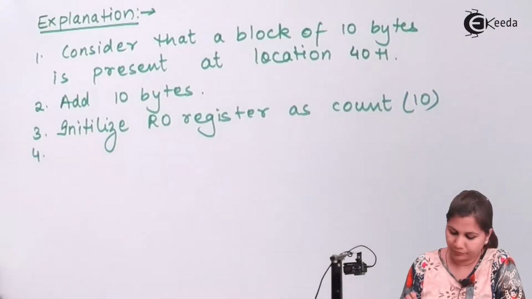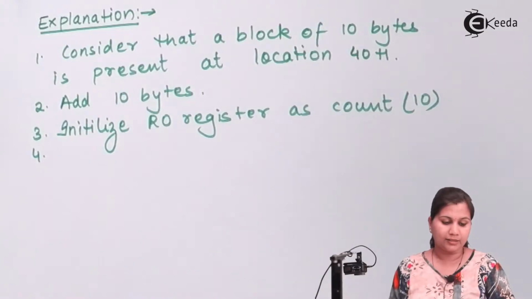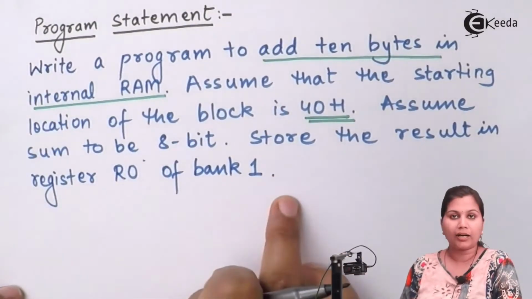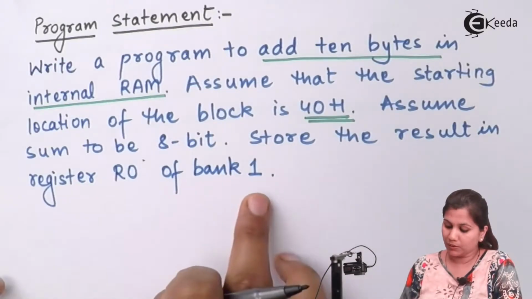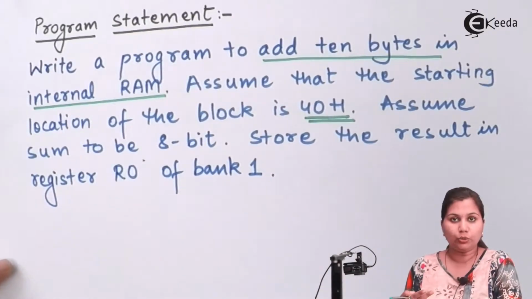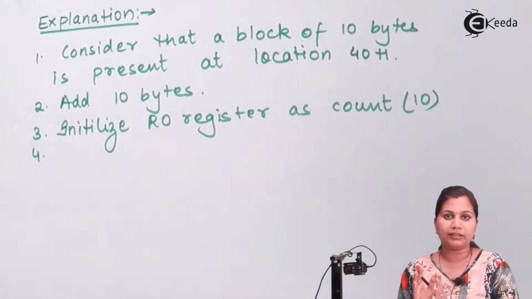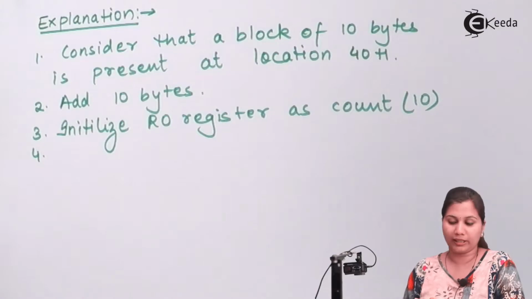Then next we have to store the result in register R0 of bank 1. Also, because we are adding two numbers, one number is to be there in the register, okay, and one number is there in the accumulator. We are adding them, okay.